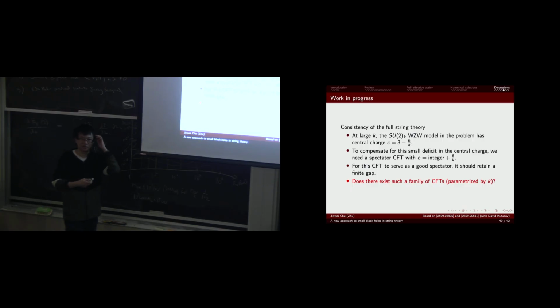Actually, a similar question is that if we start from some AdS with a very small curvature, so that the central charge is also slightly above some integer, then can we have some spectator CFT whose central charge is slightly smaller than an integer while still having a finite gap?